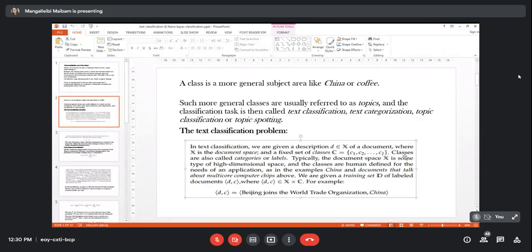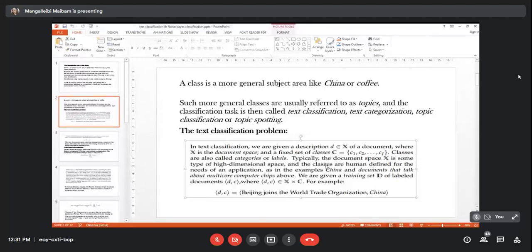Okay. So these classes are also called categories or labels. The document space X is some type of high dimensional space, and the classes are human defined.